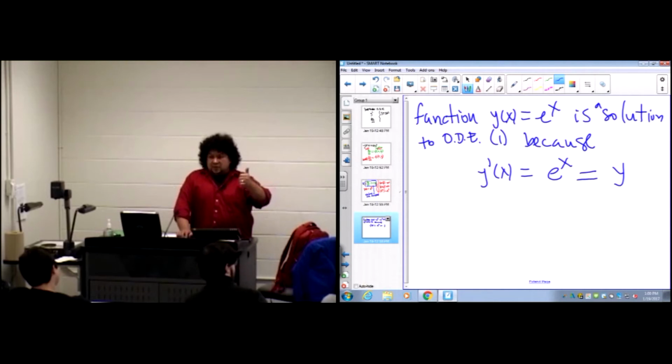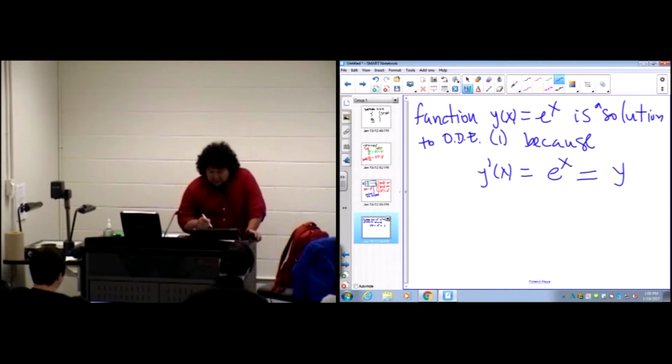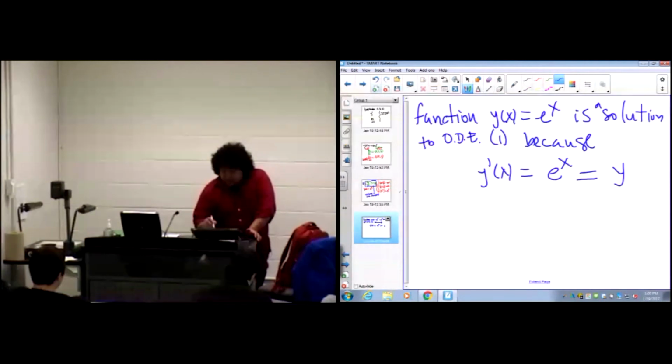So y prime equals y. The exponential function has the property of being the same as its own derivative, but the integral of the exponential is also a sweet deal. Based on the same fact, the integral of e to the x is e to the x.